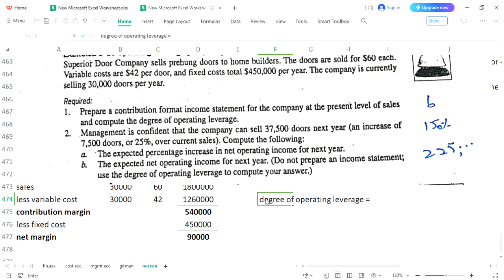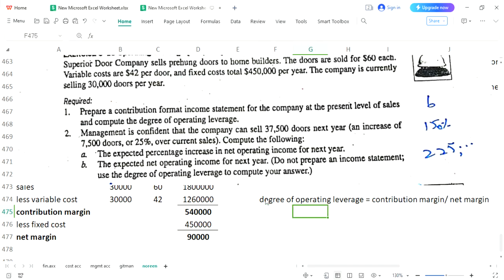Simple, two elements are involved. You will take contribution margin and then you will divide by net margin. If you don't want to calculate in terms of percentage, you don't need to multiply it with 100. You can write this answer in terms of times. You may calculate it in terms of percentage. Only in that case you will multiply it with 100.